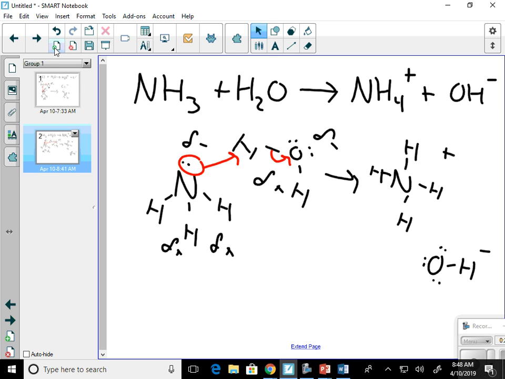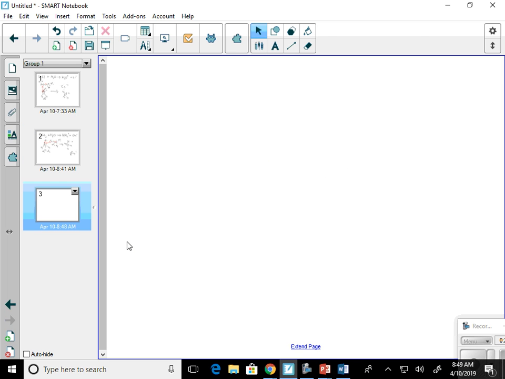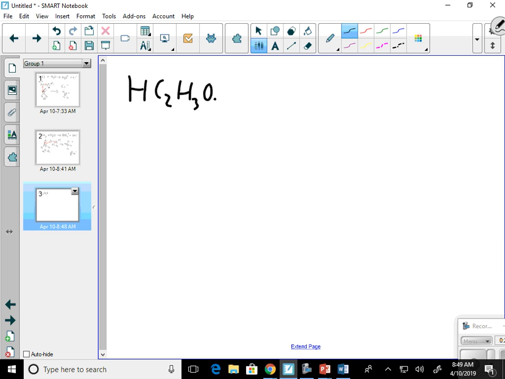Acetic acid's formula is HC2H3O2. And our acids are going to be a solution, so I'm going to call it aqueous. Barium hydroxide was not one of them on my list on that previous slide. However, anything that ends in hydroxide, hopefully bells are going off in your head of, hey, this is a base.